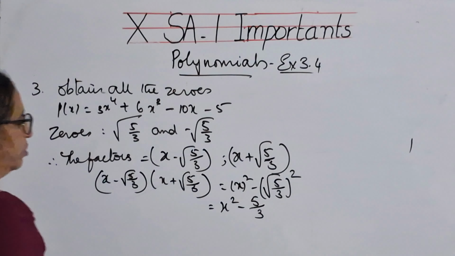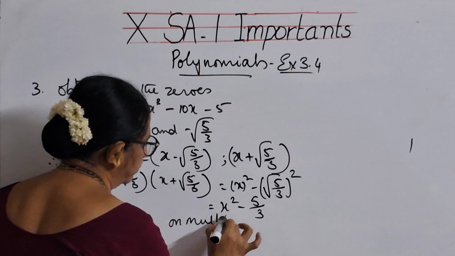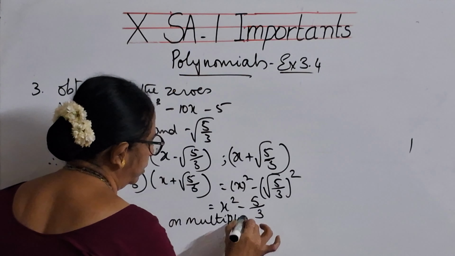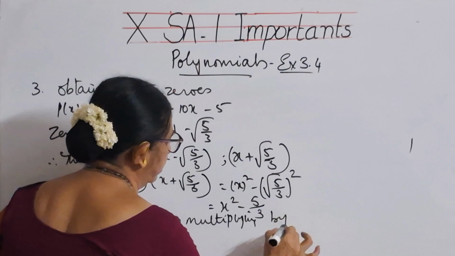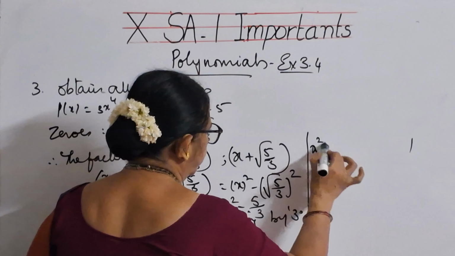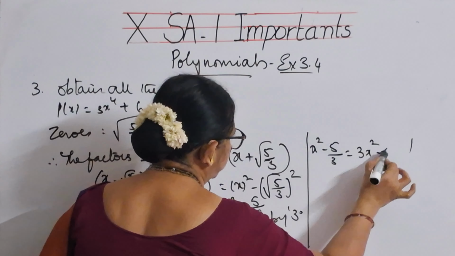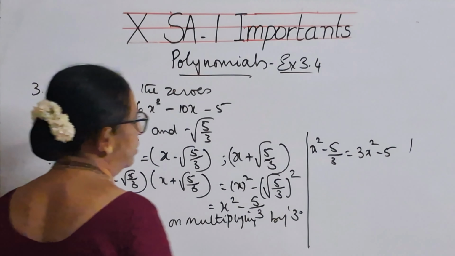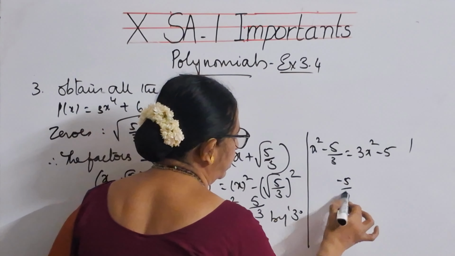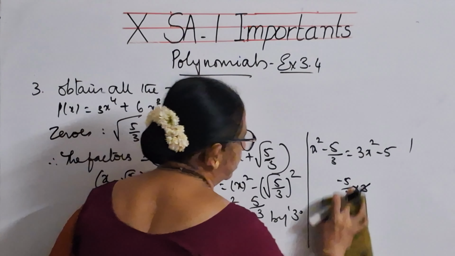You can simplify it by multiplying by 3. x square minus 5 by 3 can be written as 3x square minus 5. The reason is, when you multiply minus 5 by 3 by 3, the 3 and 3 get cancelled and you get minus 5.